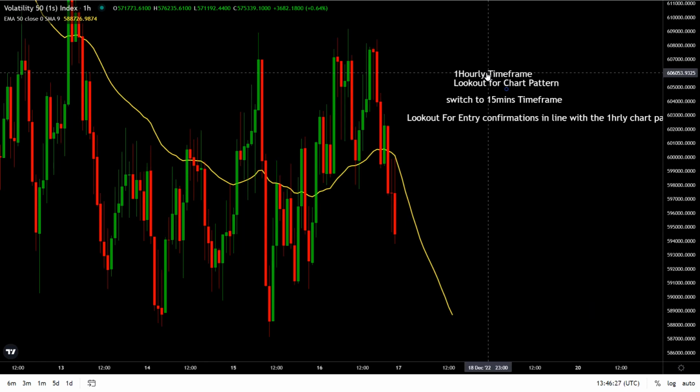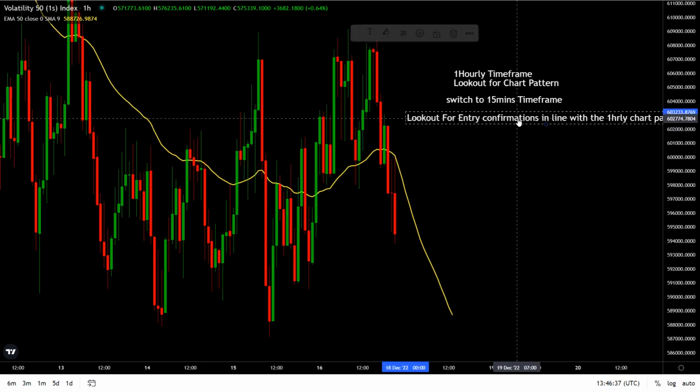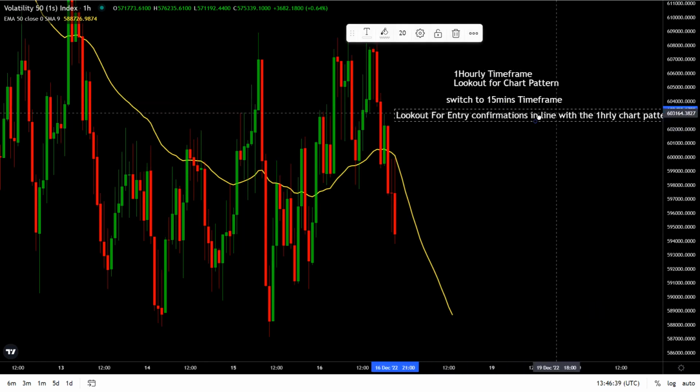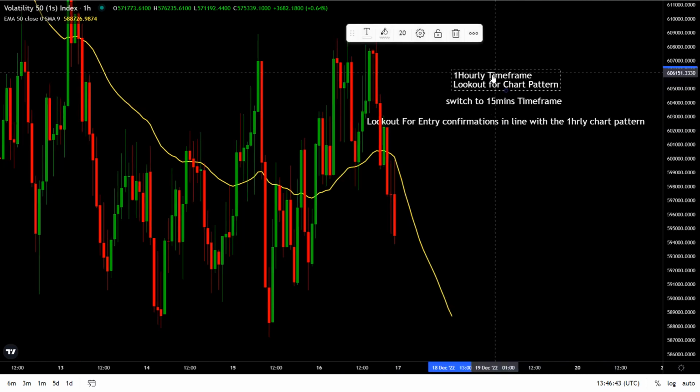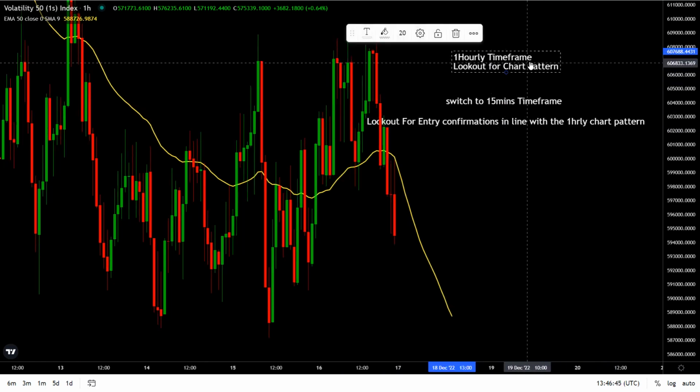And as soon as I spot any of these chart patterns, I then switch to the 15 minutes time frame for entry confirmations in line with the 1 hourly chart pattern. Like I said, on the 1 hourly time frame, I look out for reversal chart patterns, the head and shoulder chart pattern, the inverse head and shoulder chart pattern.